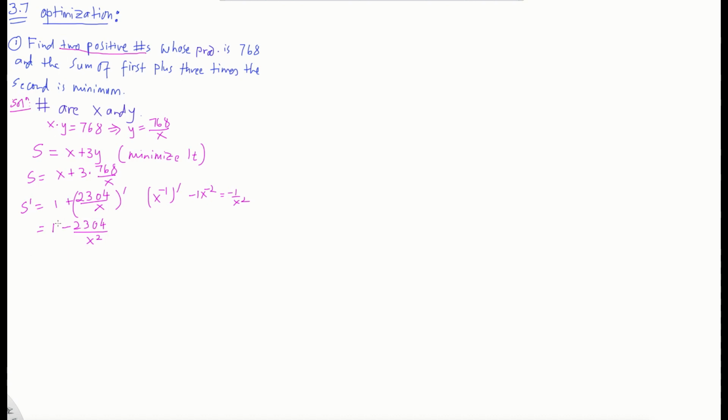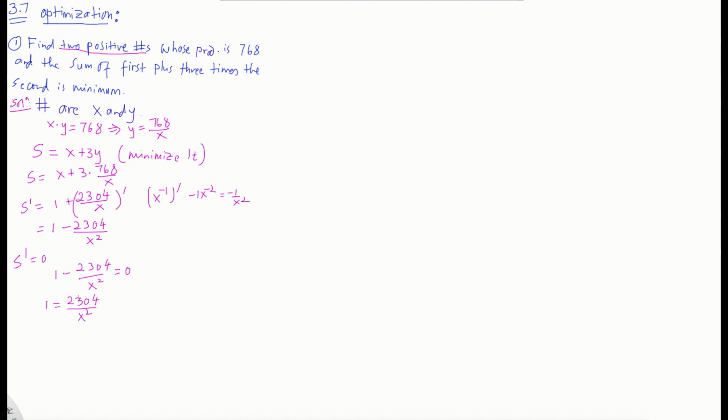The next step is you find the critical numbers. So set s prime equal to 0, which implies 1 minus 2304 over x squared equals 0. How do I solve this? Add this quantity on both sides, so 1 equals 2304 over x squared. Now our goal is to solve for x.